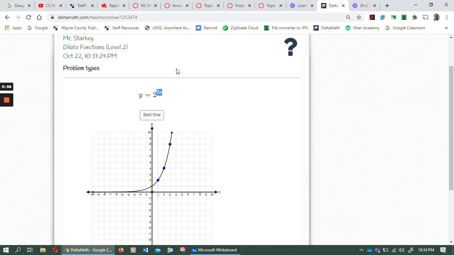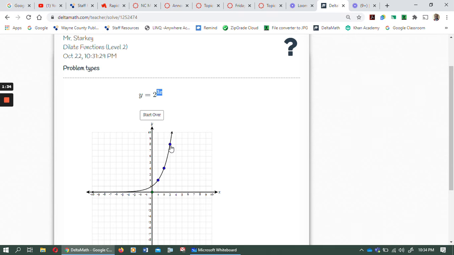This function has a number multiplied on the inside, and it's a horizontal shrink because that number is bigger than 1. So it is a horizontal shrink by a factor of 1/3.